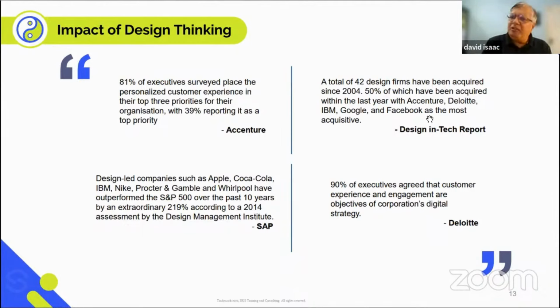A lot of business impact has been seen by organizations across industries. You would see Accenture very heavily deploying design thinking as they engage with their clients and create solutions. SAP, Deloitte, there are a lot of associations with design firms.